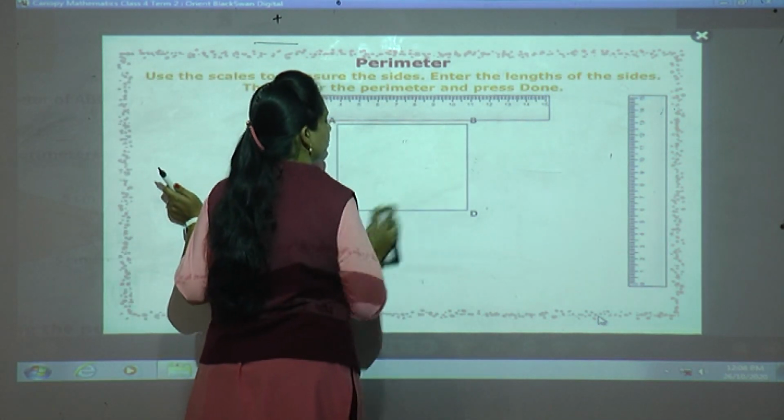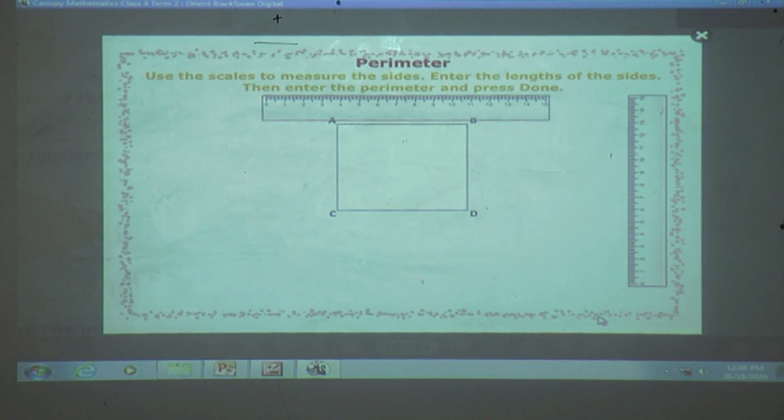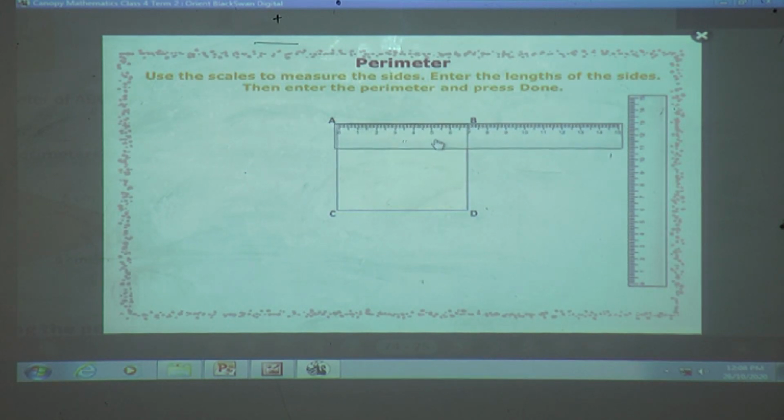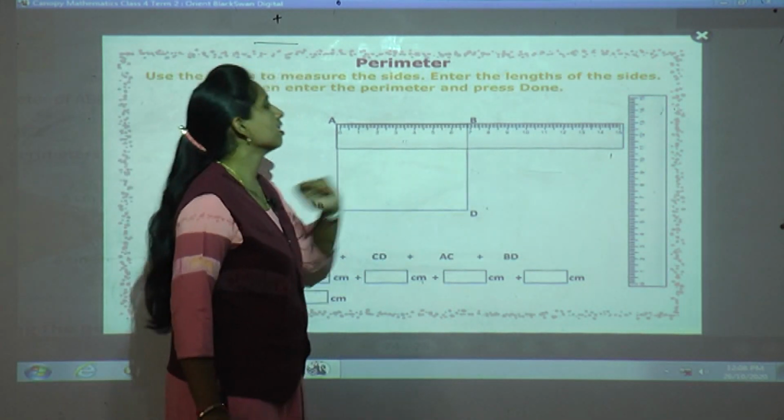Now we are going to measure the perimeter of a square. Okay, now I'll measure the sides. AB I will measure. I'll keep here from 0. How much AB? See, 0 till B it is 7.